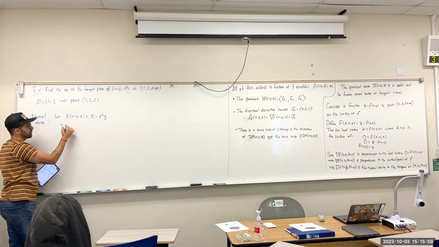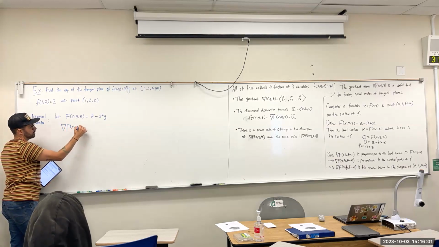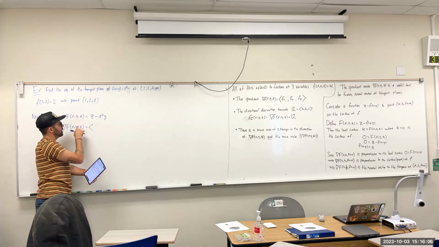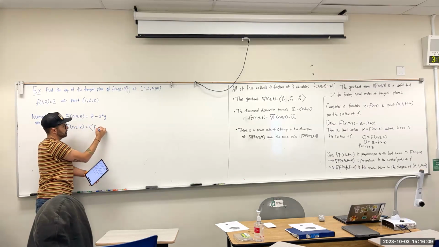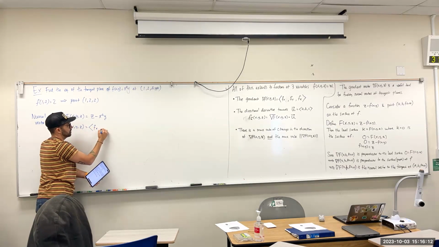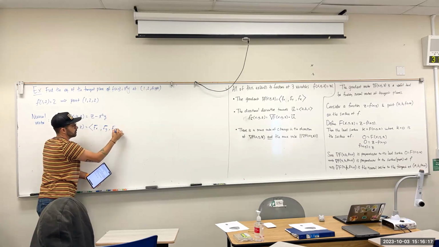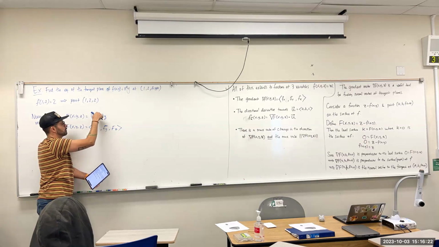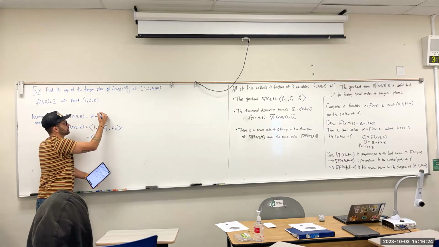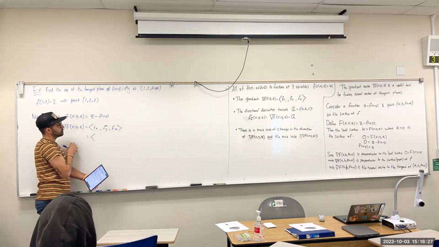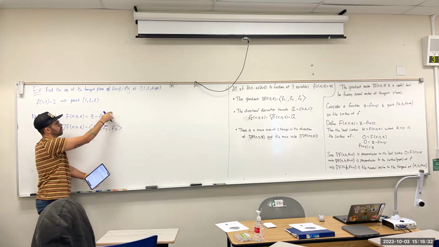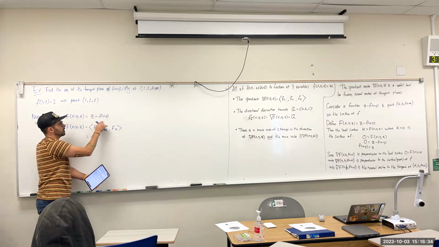If I take the gradient of it, that's the partial of capital F with respect to x, with respect to y, and with respect to z. So help me out here. What would be the partial derivative with respect to x here?